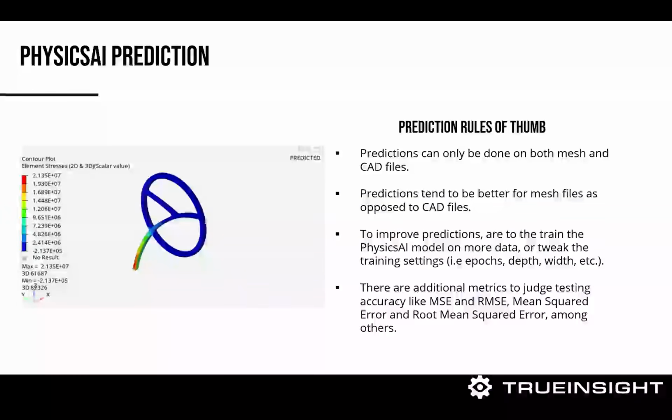You'll only know that if you look at your MAE value during testing and how well it corresponds. But like I mentioned, one of the easiest ways to improve your PhysicsAI model is to have additional data sets, or you can tweak your training settings. The training settings are what it's actually doing to build that predictive model. For example, you can adjust the epochs and have more of them.